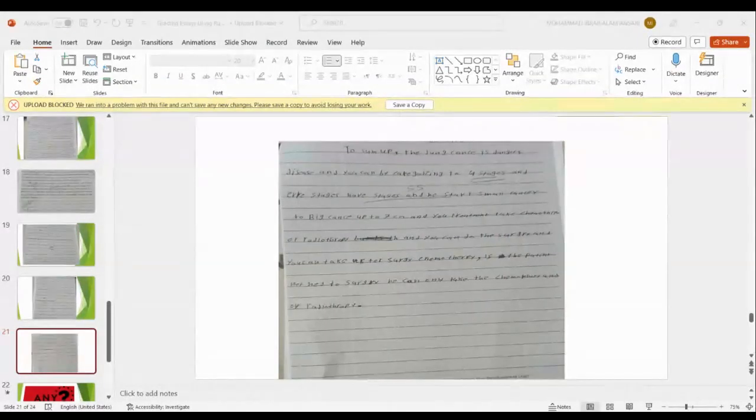Okay, what score would you give to this concluding paragraph? Remember, we give a score from 0, 1 to 3. Yeah, from 0 to 3.